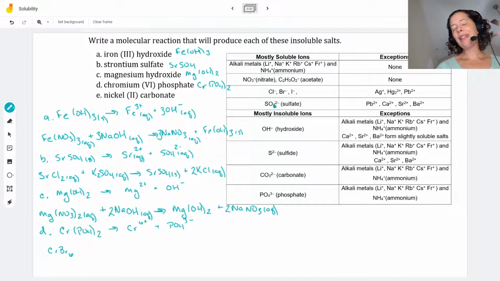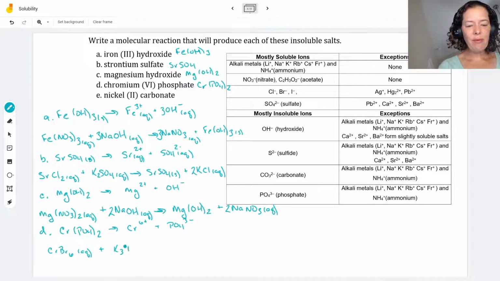It's also nice, I like using cations and anions that have either a +1 charge for the cation or a -1 charge for the anion, because I just find it easier to make neutral compounds that way. You could use something like sulfate if you really wanted to, but then you'd have to deal with slightly more difficult mental math, and I like to make that as easy as possible. Okay, so that was our chromium bromide, which is aqueous, and now I need a soluble phosphate salt, so let's go potassium this time.